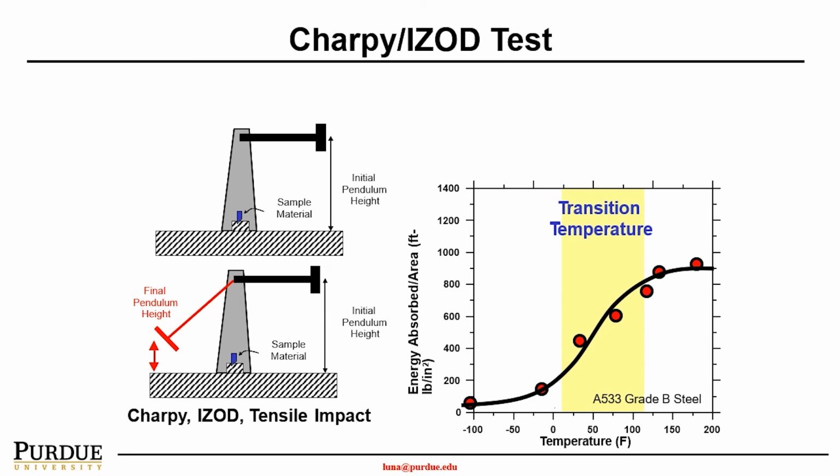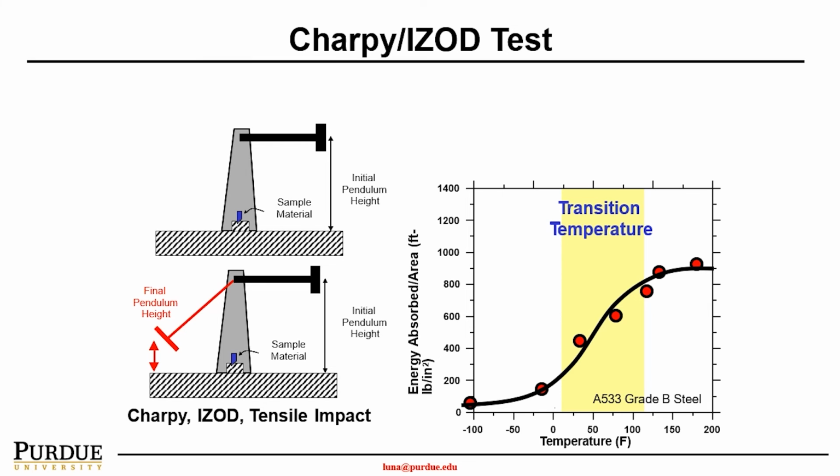So how do we identify material toughness? It's often tested by the Charpy test or the Izod impact test. As shown here, you lift the pendulum to a certain height, and then use the pendulum to hit through the material, and then see the material behavior and the stress.